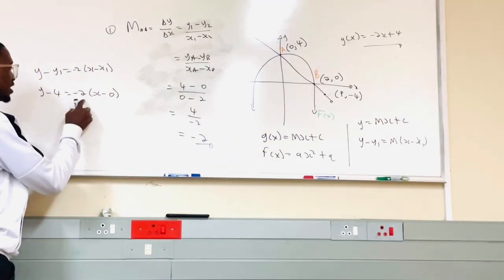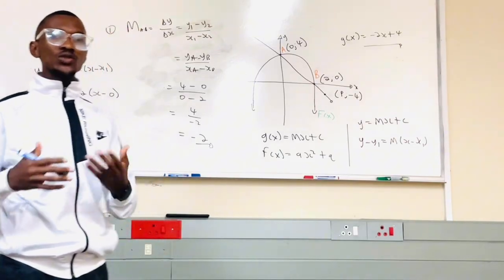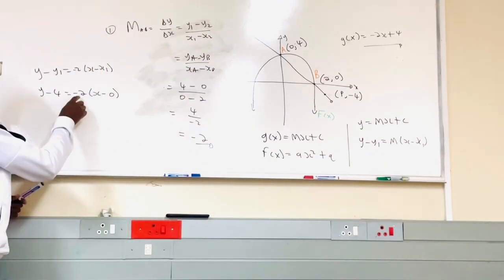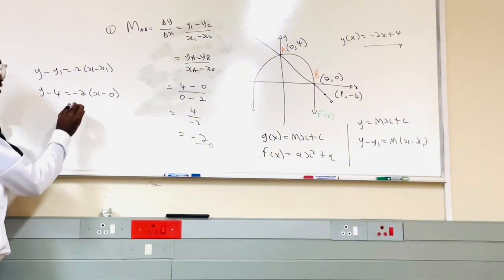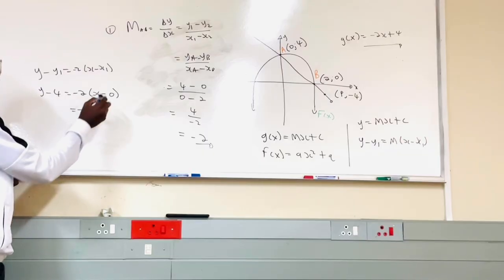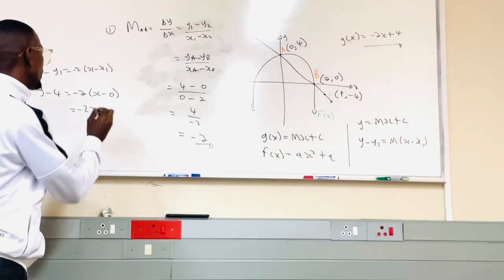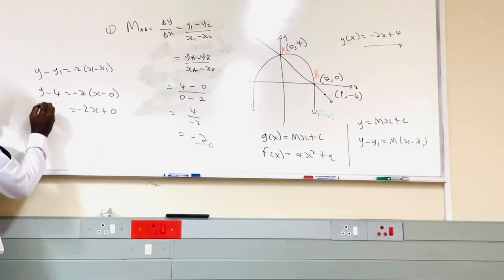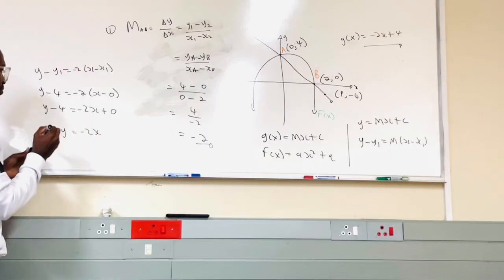Okay? And then from there, I'm going to do what you call distribution. Remember algebra? When you're doing multiplication of distribution, you're going to say negative times positive is negative, 2 times x is going to give you 2x, negative times negative is positive, and then 2 times 0, anything multiplied by 0 is just going to give you 0, and then we have y minus 4. At the end of the day, y equals to minus 2x.